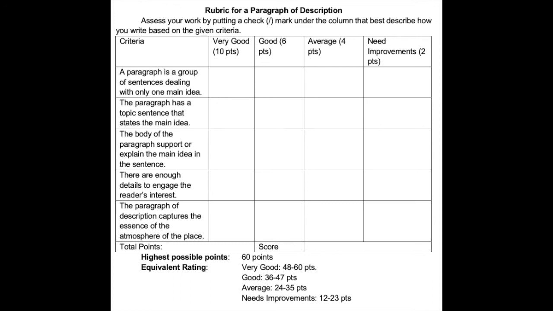If your paragraph has a topic sentence that states the main idea, same, you will get 10 points for very good output. Then you must have a body that supports or explains the main idea in the sentence. There should be enough details to engage the reader's interest. And the paragraph of description captures the essence of the atmosphere at the place. All right. So the highest possible score that you can get is 60 points.